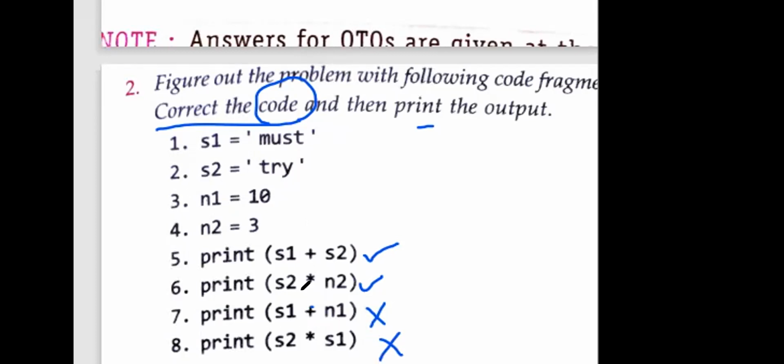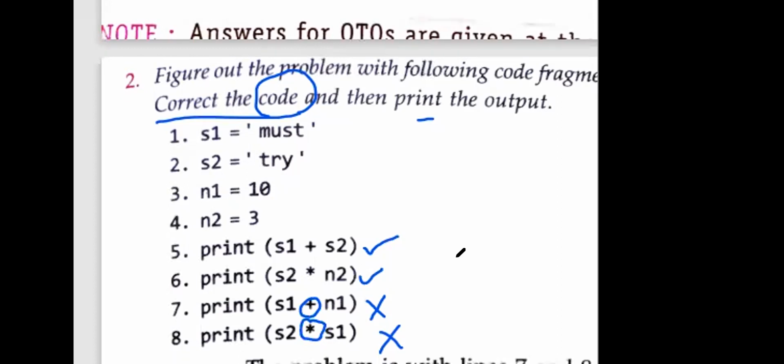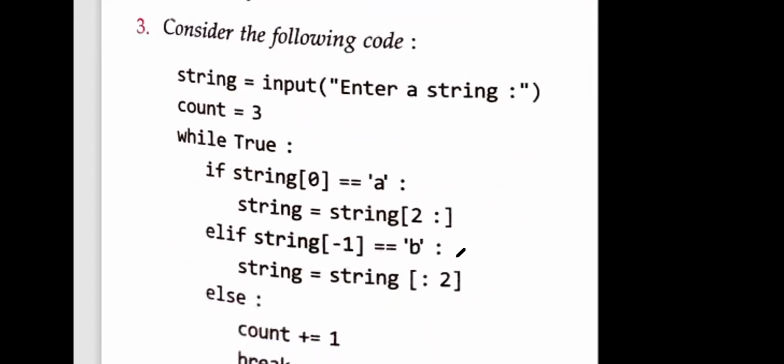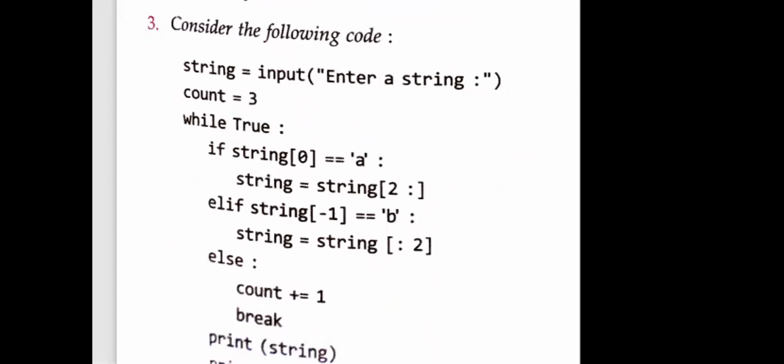So here instead of plus, we should have asterisk, and here instead of asterisk, we must have plus. Only this is the change we are going to do. Okay, then after that, next is this one. These all questions are actually good questions. Now in this particular question, you can see the complete string is given to you.